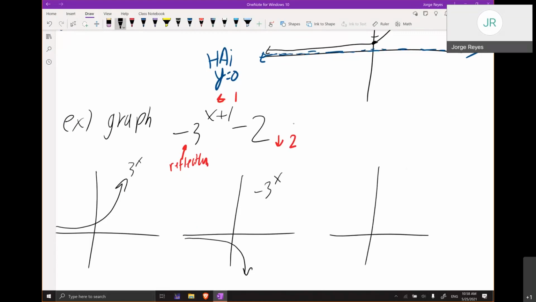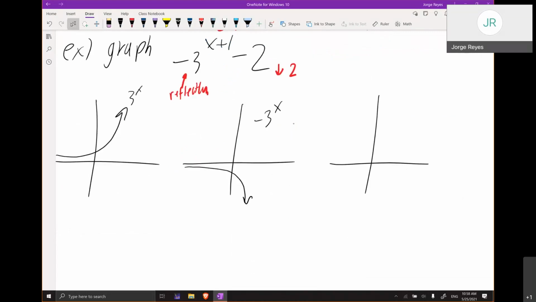Now I'm going to move it left 1 and down 2. Down 2 means that the horizontal asymptote also moved down 2, and left 1 just means I go left 1. So something like this. Ta-da.